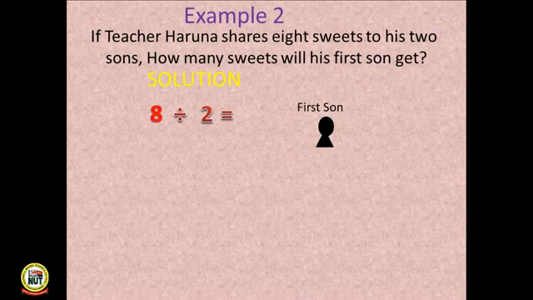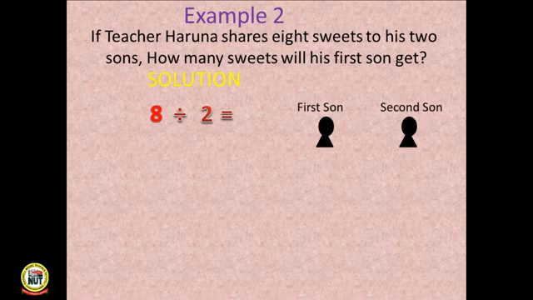Very good. Okay, let's move on. Alright, so his second son. First son, second son. Now what we are going to do, we are going to share sweets for Teacher Haruna's two sons, okay? The first son and the second son. Are we together? Thank you.